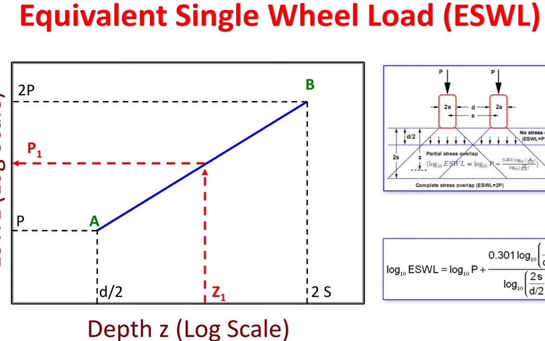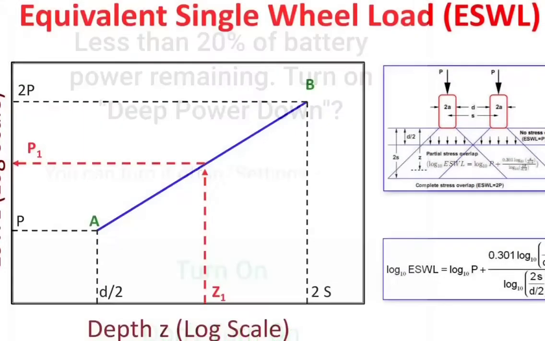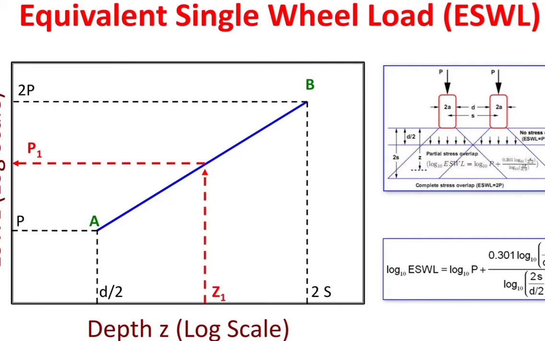As per the deflection criteria, the ESWL is that single wheel load having the same contact pressure which produces the same value of maximum deflection at depth Z. Similarly, by stress criteria, the ESWL is the single wheel load producing the same value of maximum stress at the desired depth Z as the dual wheel load assembly, right?